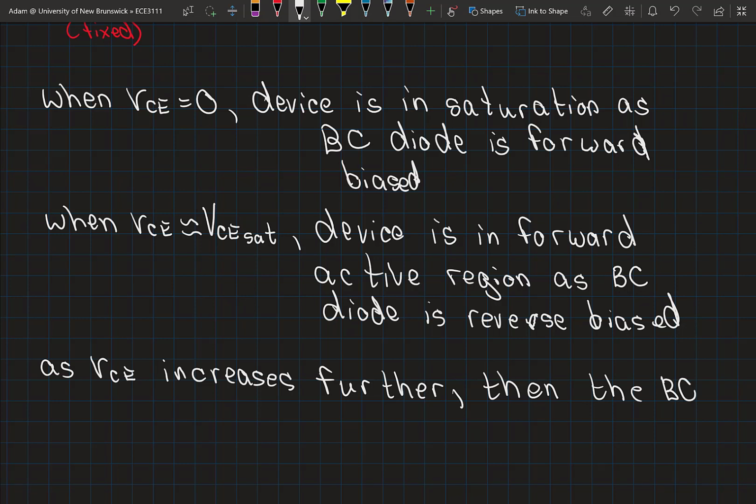But if we think about this a little more deeply, that base to collector junction is going to become more and more reverse biased.